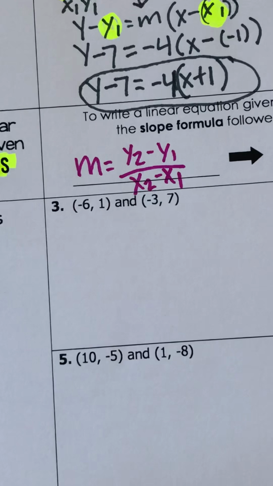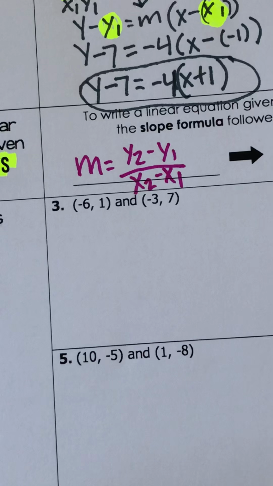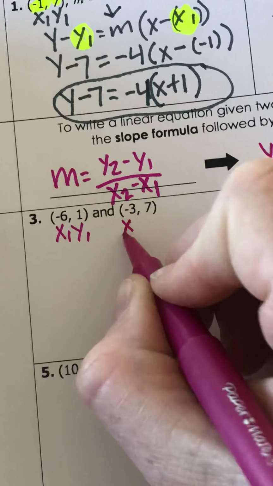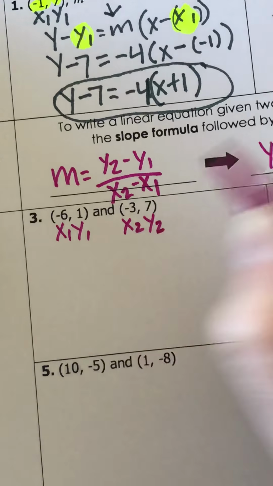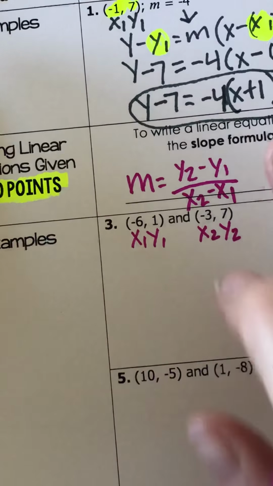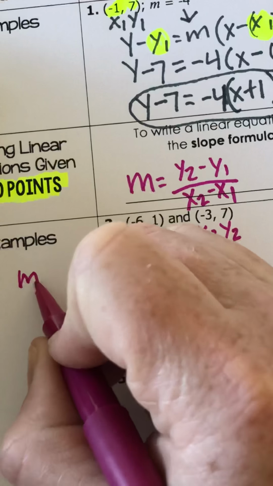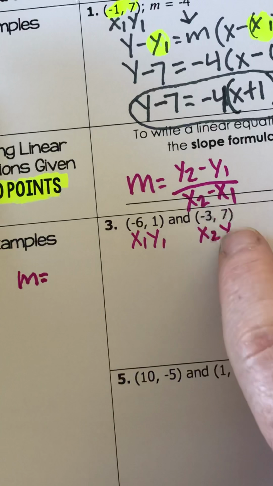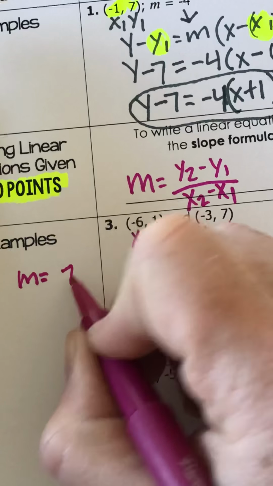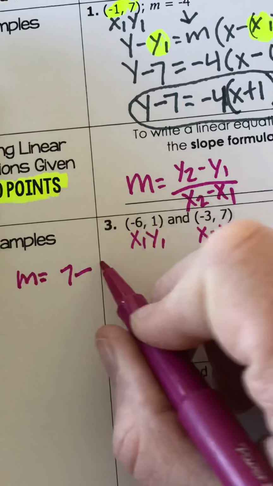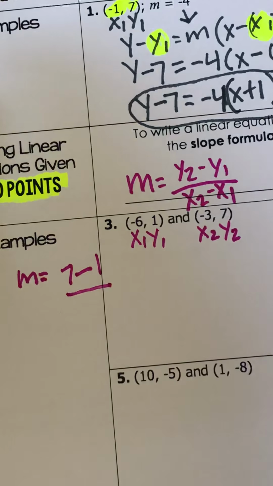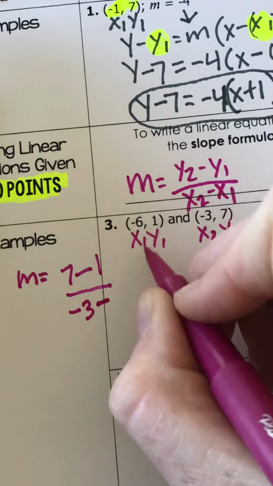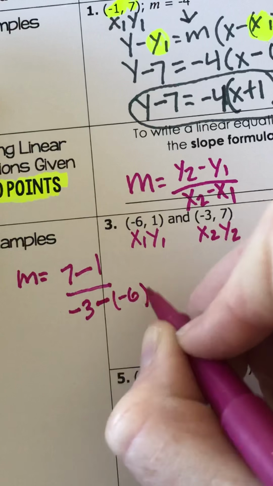So, number 3, we have to first find the slope. So we have x1, y1, x2, y2. Slope formula, right above it. I would start with y2, which is 7. Then minus y1 is 1, all over x2 is negative 3, minus x1 is negative 6.